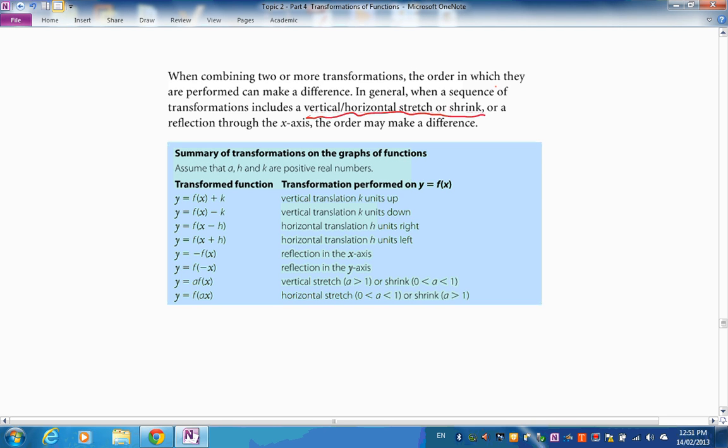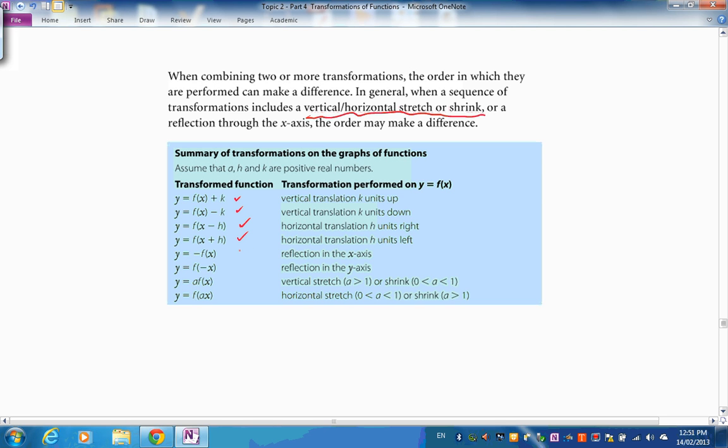So, summary of transformations, what can we say? Here they all are. So you might make a note of this. When you add or subtract from the function, it's a vertical translation. When you add or subtract from and change the x term, it's a horizontal translation opposite to the sign.